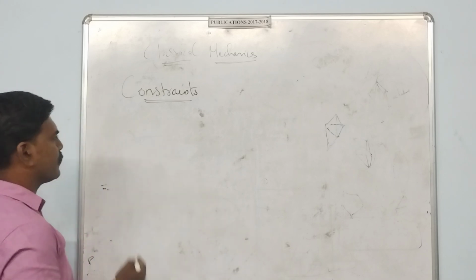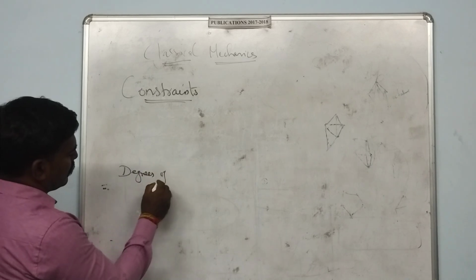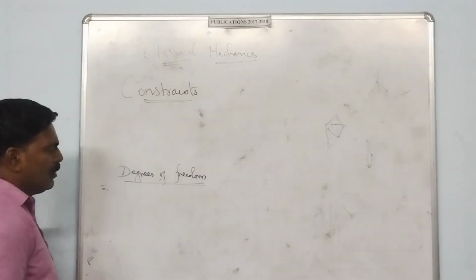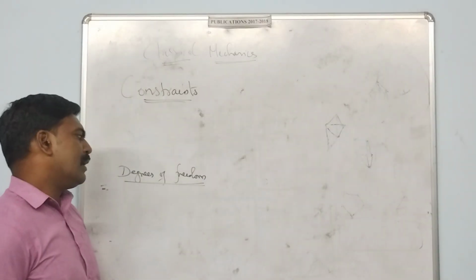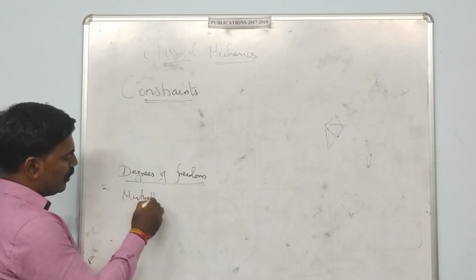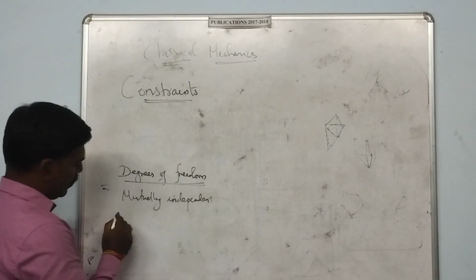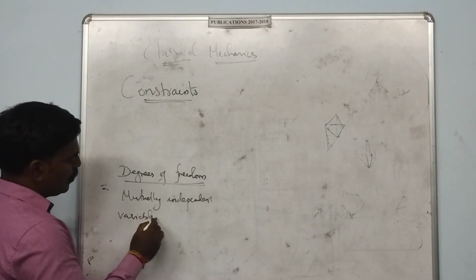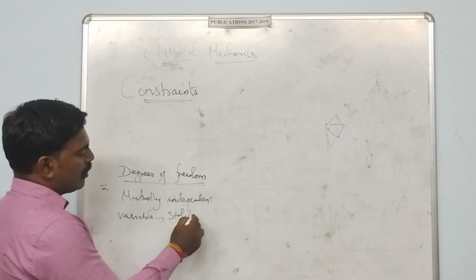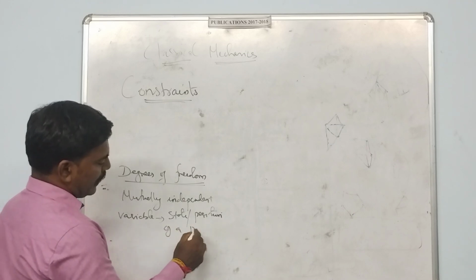Degrees of freedom is nothing but a mutually independent variable to completely specify the state or position of a particle.